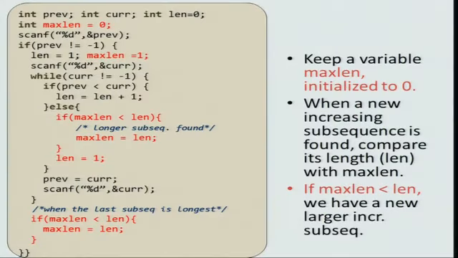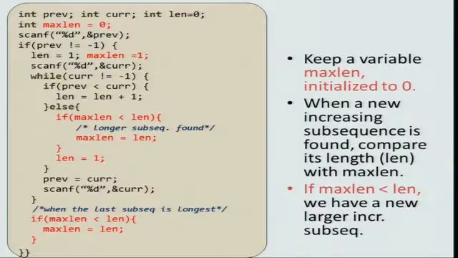Now, that is this loop, and at the end we have to do a slightly tricky logic. It could so happen that the sequence ends with the longest increasing subsequence. In that case, we will never reset the max length.